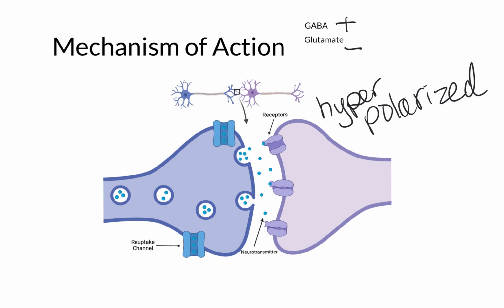So it's a really large system, and it's very dangerous to mess around with it, and we have to slowly wean people off of those things and not go into immediate withdrawal. When you don't have a lot of GABA activity, you get the opposite, and you get seizure activity, which is why we see seizures with alcohol withdrawal syndrome.